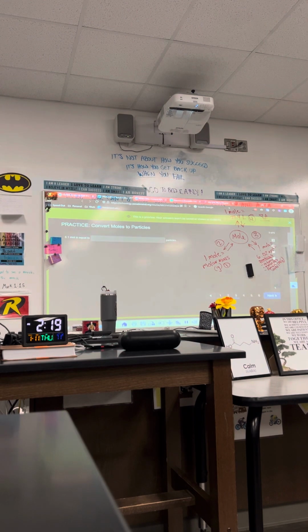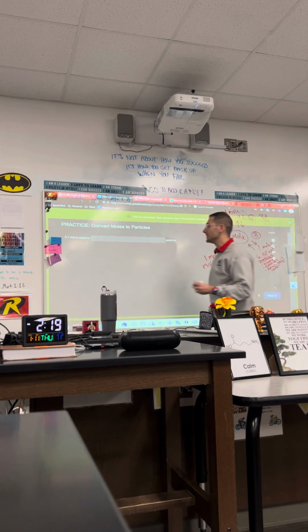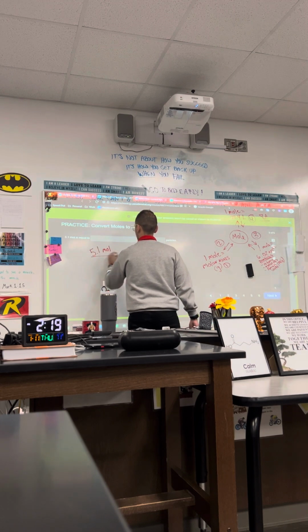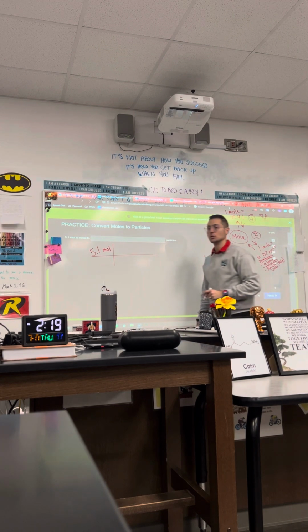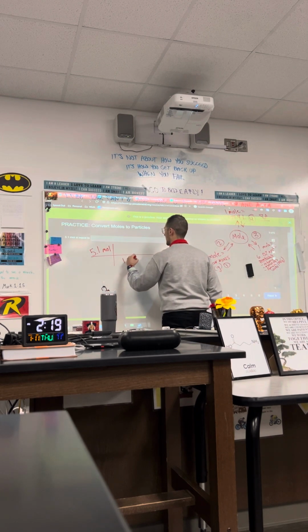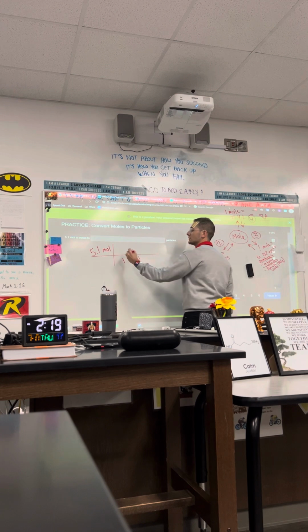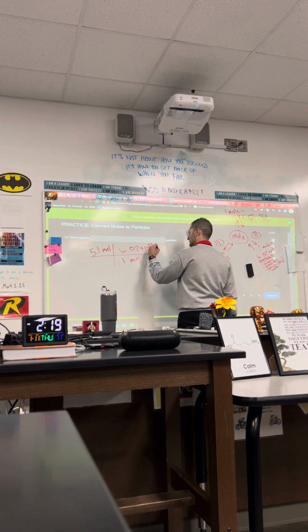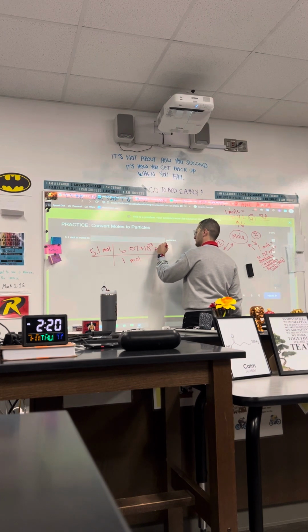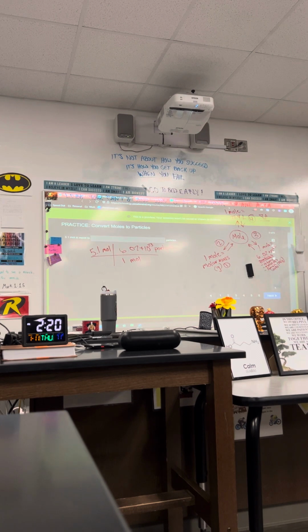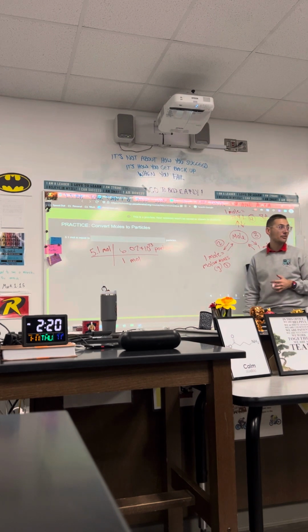So here's a real one. 5.1 moles is equal to how many particles? Easy. 5.1 moles. What do? 1 mole at the bottom. On top, Avogadro's number, that's fine. And when I do 5.1 times 6.02 times 10 to the 23rd, I get 30 something.